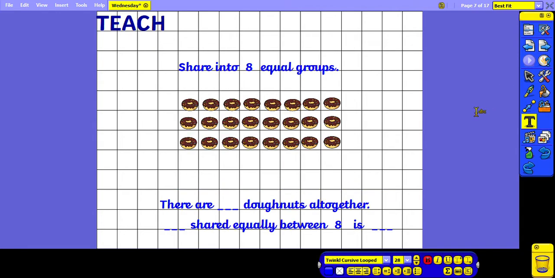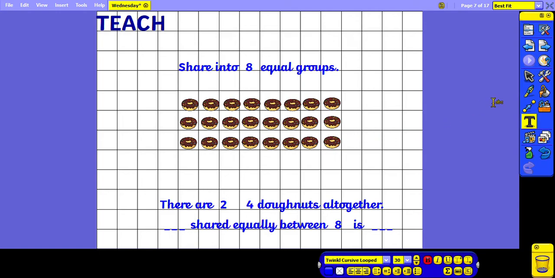This time I've got my 24 donuts again. But instead of sharing them between 3, this time I'm sharing them between 8 groups. So if I look at my columns this time, I've actually got 1, 2, 3, 4, 5, 6, 7, 8 columns.